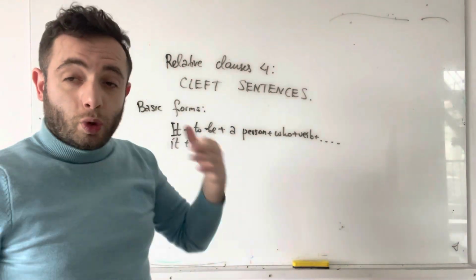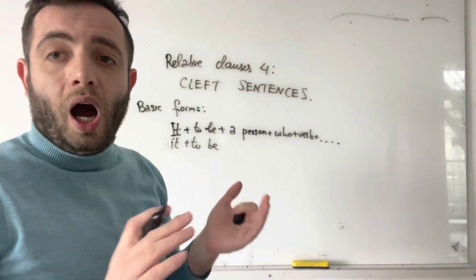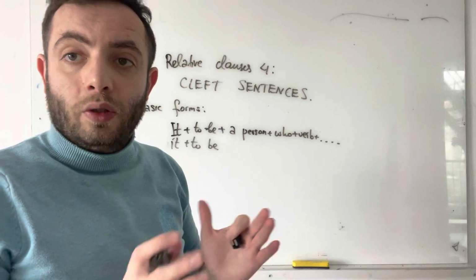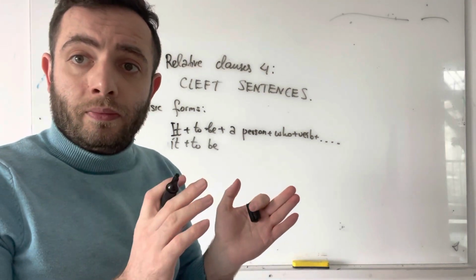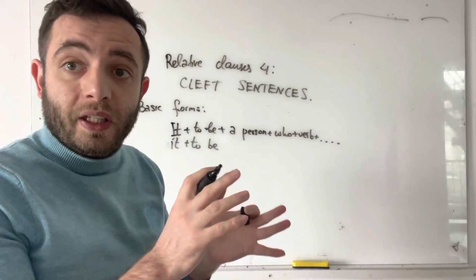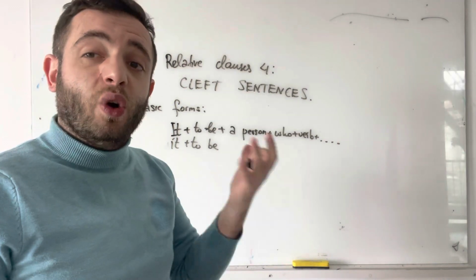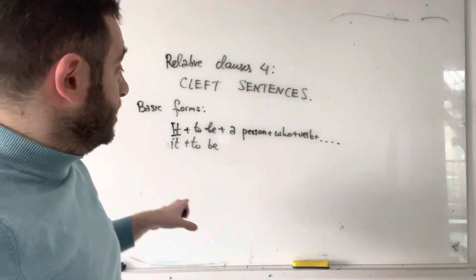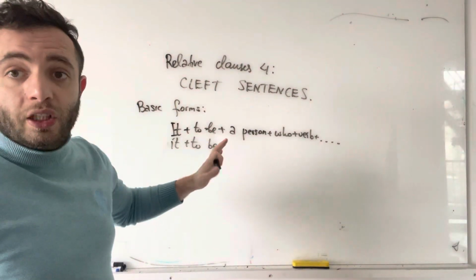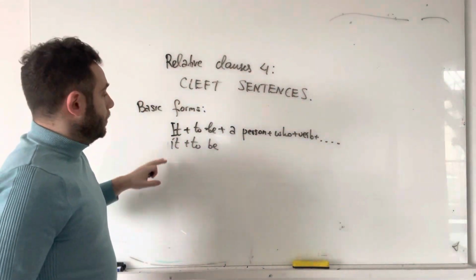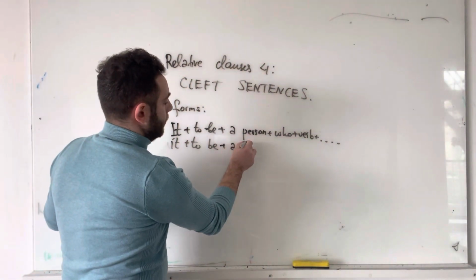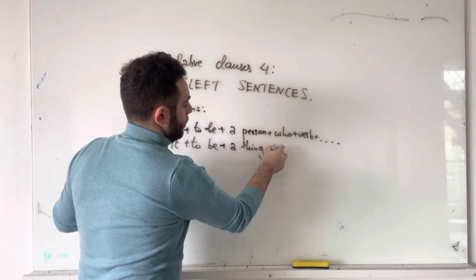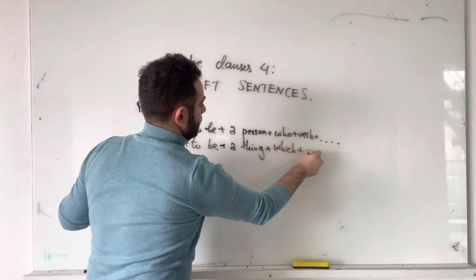It can be any "to be" form: is, are, were, was, has been, have been, had been, would be, would have been, different forms, depending on the context or the tense. But the most important thing is the structure that you have to know: "it" plus "to be" plus a thing, plus "which," and the rest.